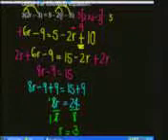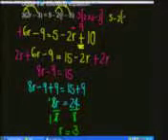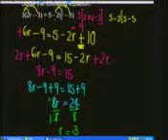The answer will be 2 times 3 is 6. 6 minus 3 is 3. 3 times 3 is 9. My right-hand side will be 5 minus 2 in brackets, 3 minus 5.